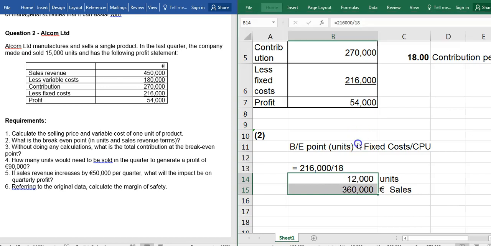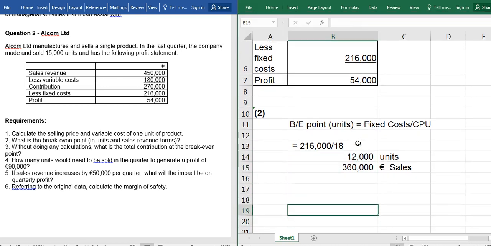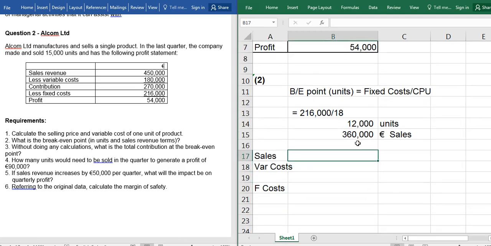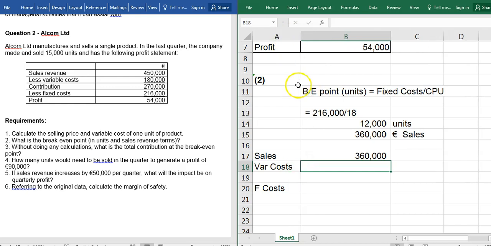And again, we can just prove that. Are we sure that that's correct? If we do sell 12,000 units, what will our profit be? You have sales, less your variable costs, less your fixed costs. We'll do a little profit statement to see. If we sell 12,000 units, we'll have 360,000 of sales. We've just calculated that.